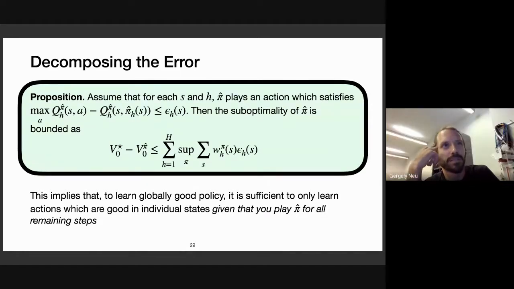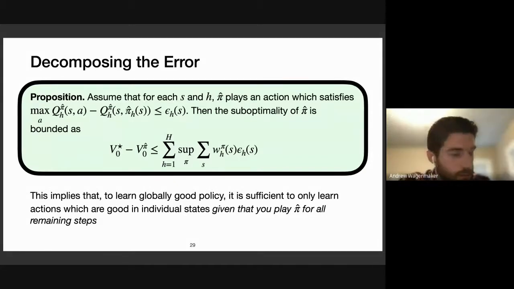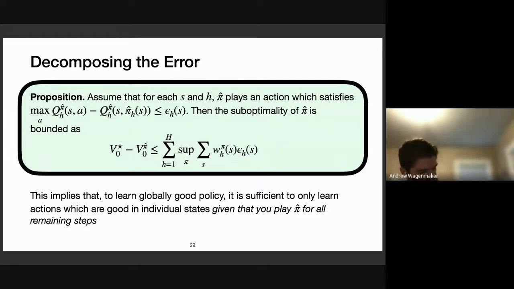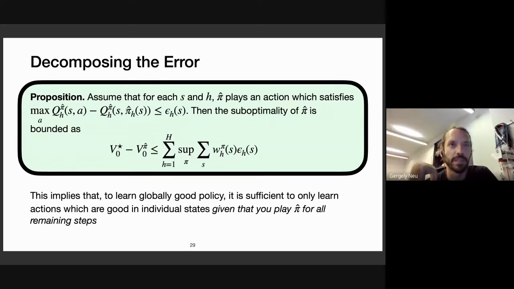Right, because the performance difference lemma would give the visitation probabilities of the optimal policy there, but also the gap between the Q's of the optimal action and pi hat. So basically you just replace that optimal action with this max over the... Right, yeah, so to relate to the performance difference lemma, I'm pretty sure that's what the performance difference lemma says.